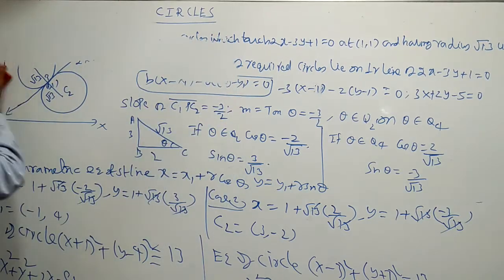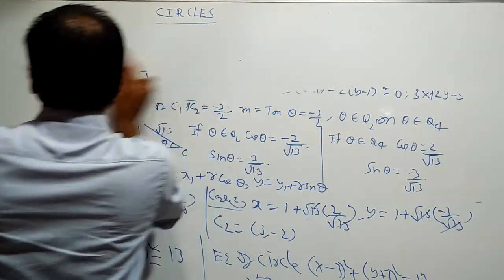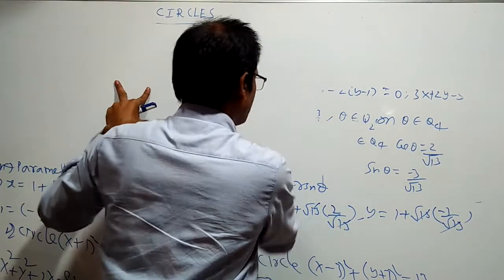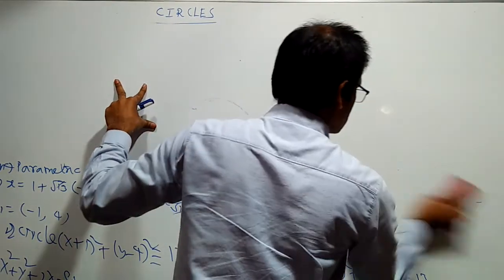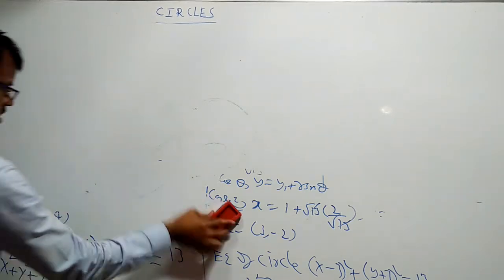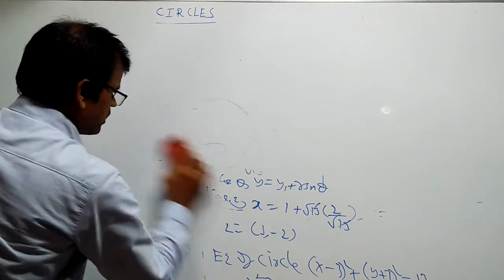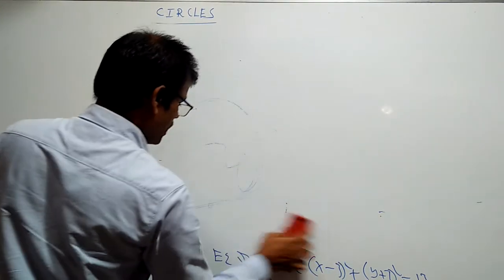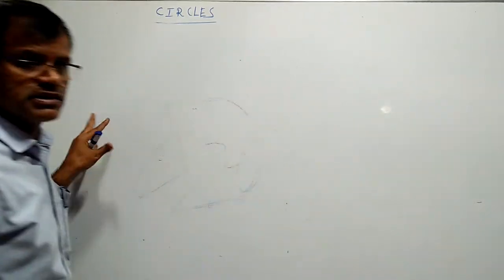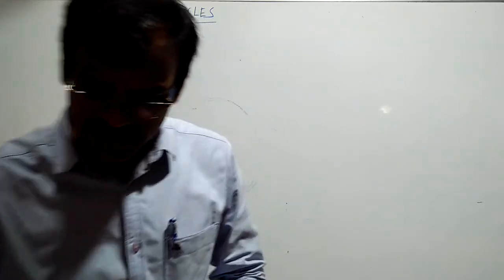Whenever we show that a line is a tangent to the given circle, I already said the condition in yesterday's class: if a line is tangent to the circle, then the perpendicular distance from the center to the line should be equal to the radius of the circle. The condition of tangency is R equal to D.